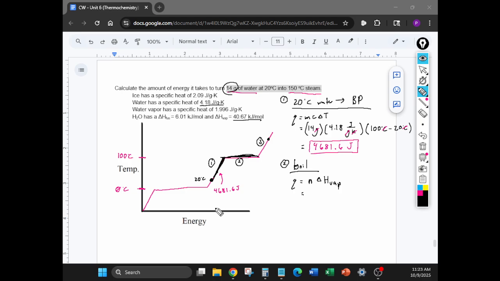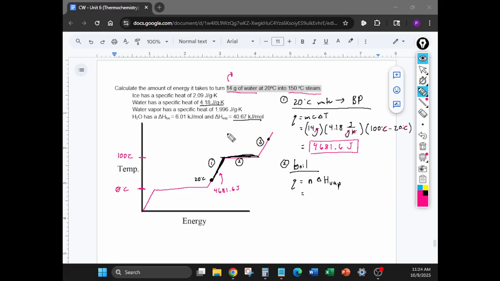Now, what do you notice about this unit of measurement that kind of stands out? It's per mole, right? Unfortunately, the problem does not give us moles of water. So what do we need to do in order to plug it into this equation? Yeah, we got to convert grams to moles. Okay, I'm going to do that with you guys, but that's a heads up I want to give you.